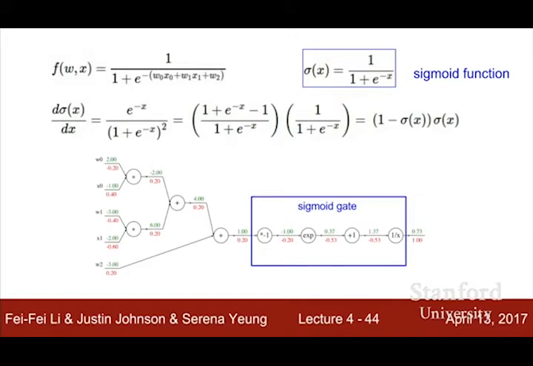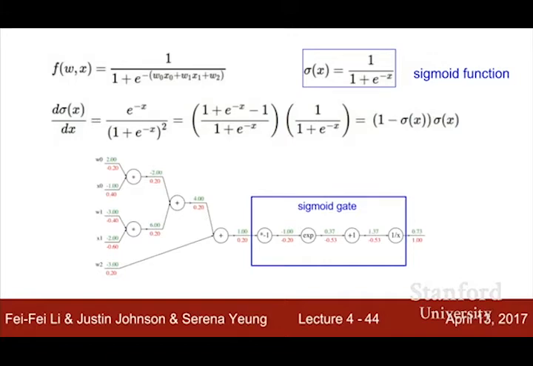But in practice, we can group some of these nodes together into more complex nodes if we want, as long as we're able to write down the local gradient for that node. As an example, if we look at a sigmoid function, I've defined it in the upper right here: sigmoid of x is equal to 1 over 1 plus e to the negative x.